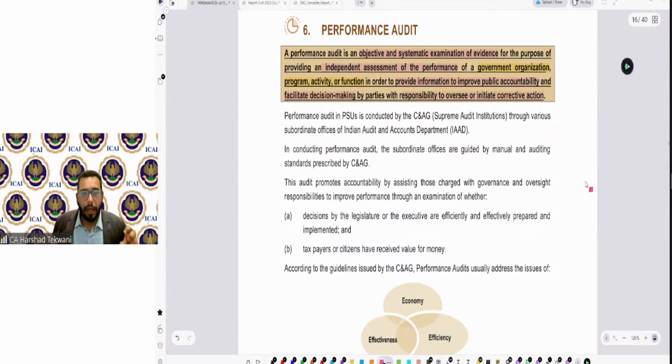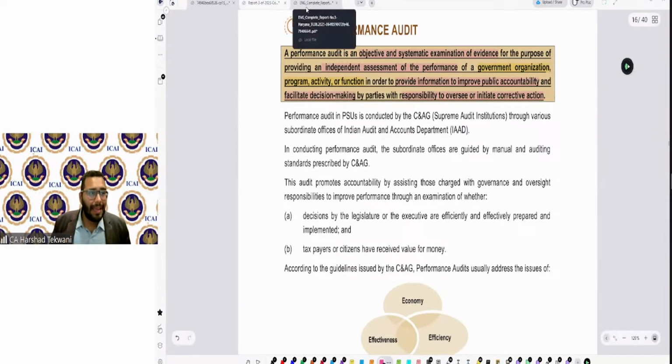Means here we are doing examination of the evidence to understand how the organization, program, activity, or a function is performing, so that we can improve public accountability. If the function is not performing appropriately, we need to provide that information, which will help in facilitating decision making, or which will help to initiate corrective actions if the performance is not good.